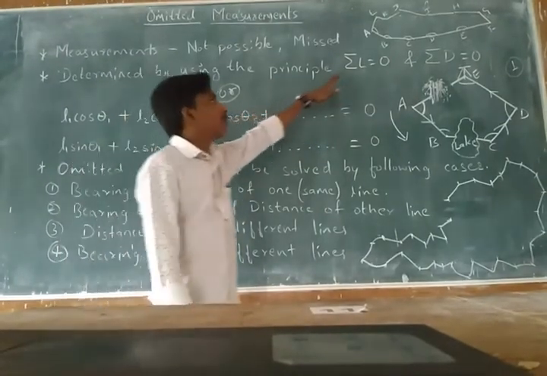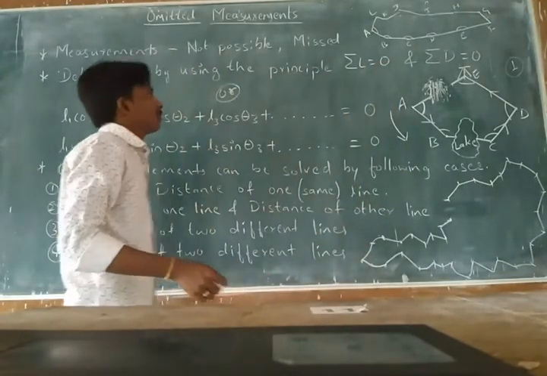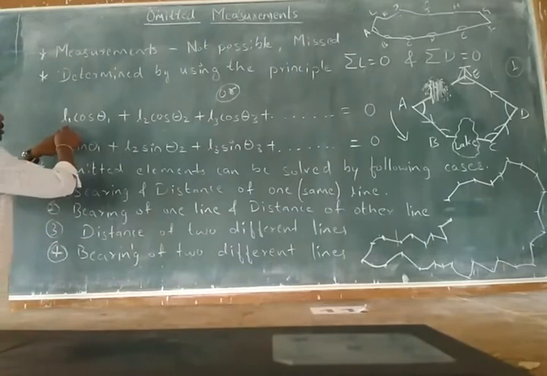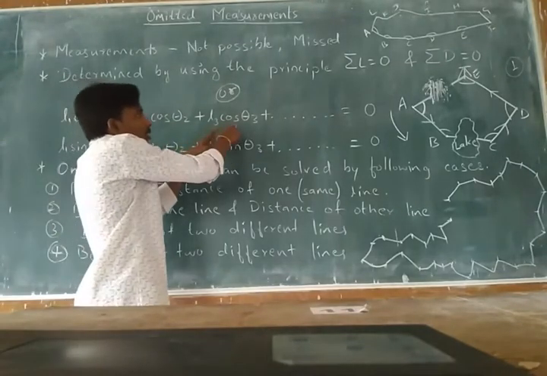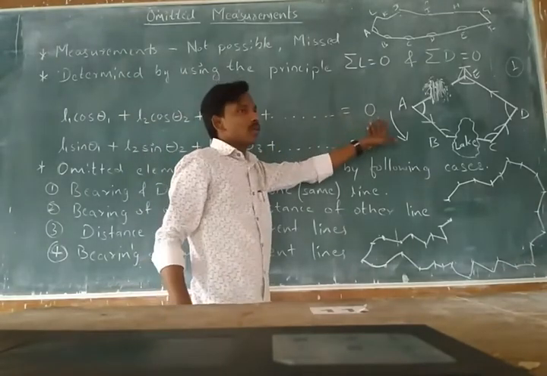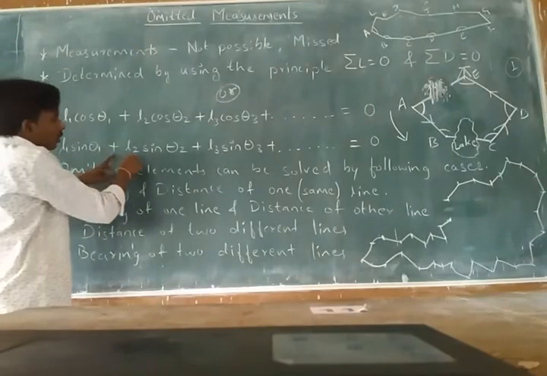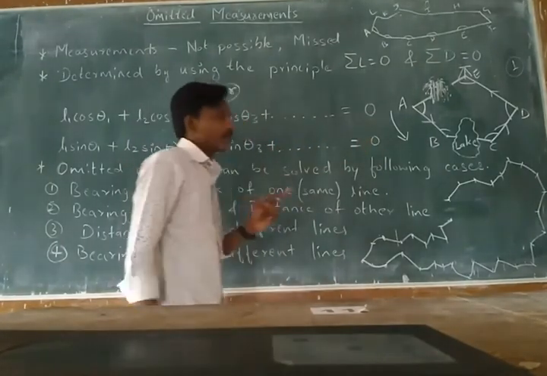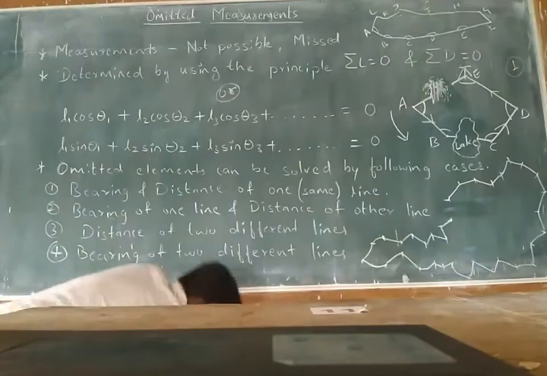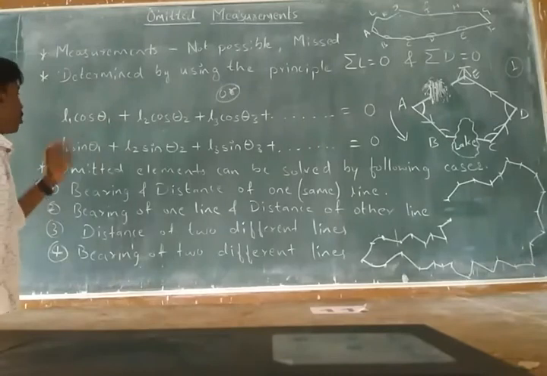If we elaborate the summation of latitude equal to 0, that will become length 1 cos theta 1 plus length 2 cos theta 2 plus length 3 cos theta 3 plus so on, must be equal to 0. Again the same for the departures: length 1 sin theta 1 plus length 2 sin theta 2 plus length 3 sin theta 3 plus so on must be equal to 0. So this is the principle of closed traverse. By using this principle, we can determine the omitted measurement.